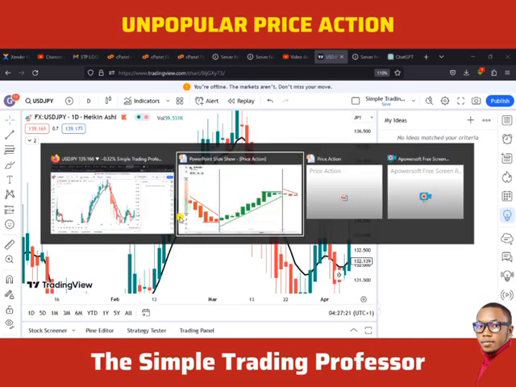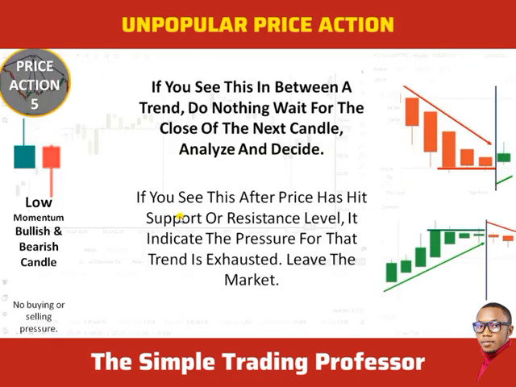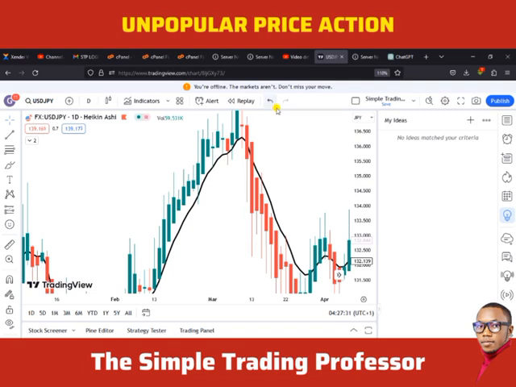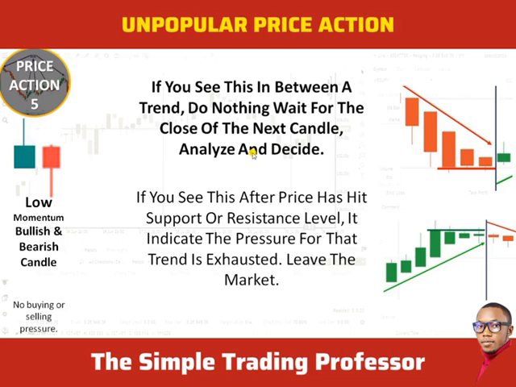Like I said, when you see a low momentum candle in between a trend, do nothing. You wait. The next candle tells you the market continues on the upside. That is what it means.